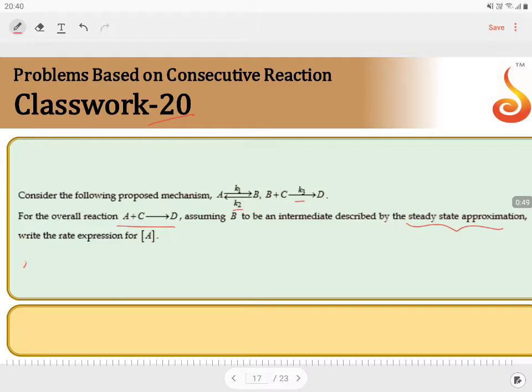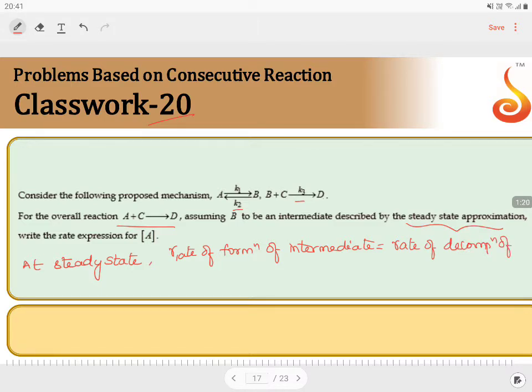Remember this one: at steady state, the rate of formation of the intermediate will be assumed to be equal to the rate of decomposition of the intermediate. What does this mean? It indicates an equilibrium state; it is assumed to be in an equilibrium state.